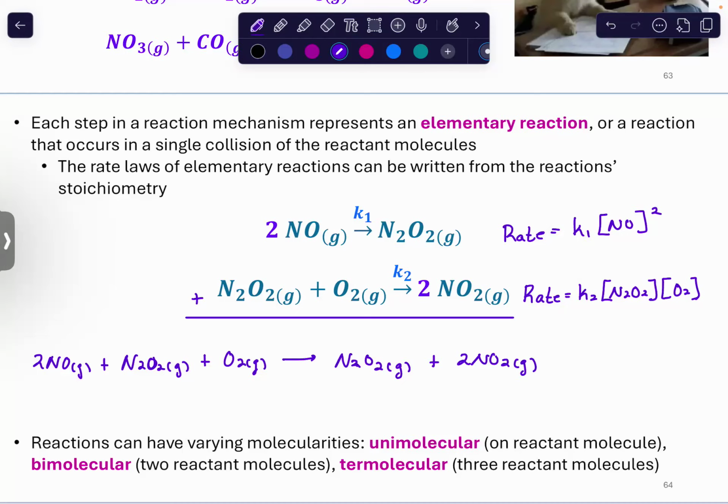And then what's the same on both sides is going to be the N2O2. So it cancels. And we get, well, am I missing something? Is there any difference? No, I'm not.